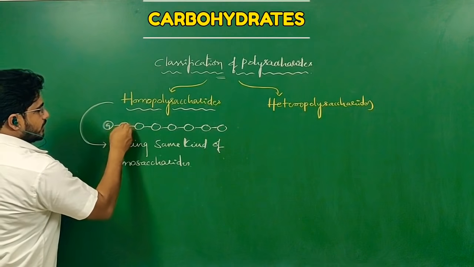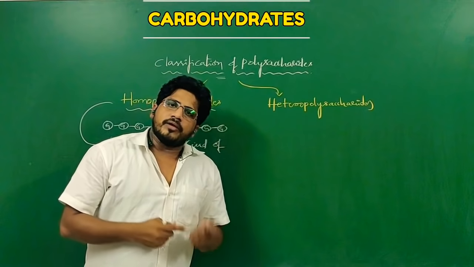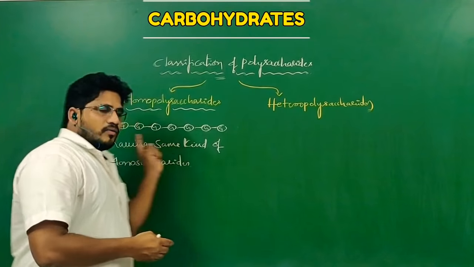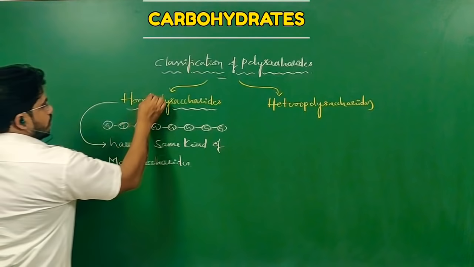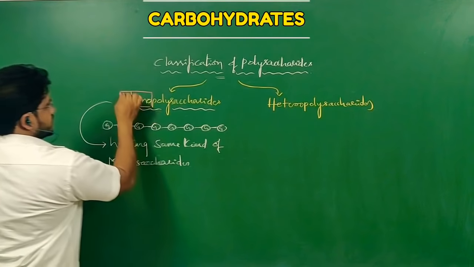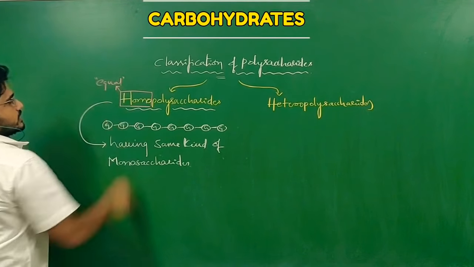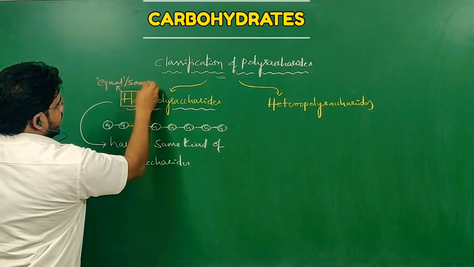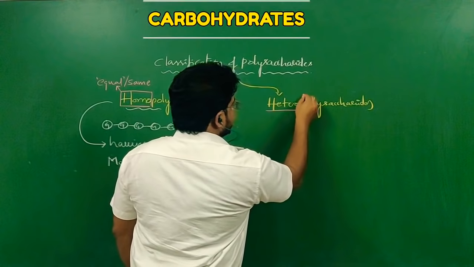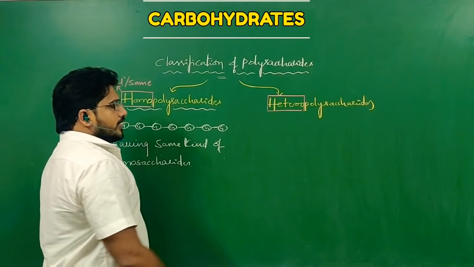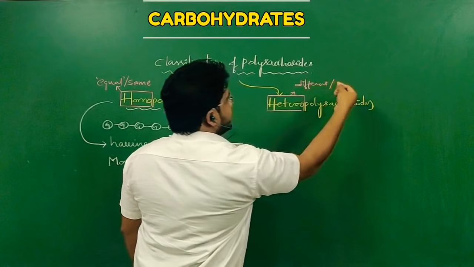Suppose all may be glucose, or all may be fructose, or all may be galactose, but whatever the number, all are the same type of monosaccharide, then that is called a homopolysaccharide. One should understand that homo means equal, all are the same. On the other hand, hetero. One should observe this term here. Hetero reflects different or dissimilar.